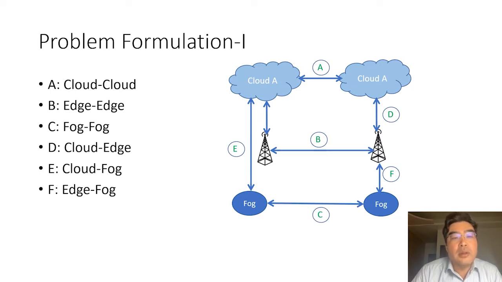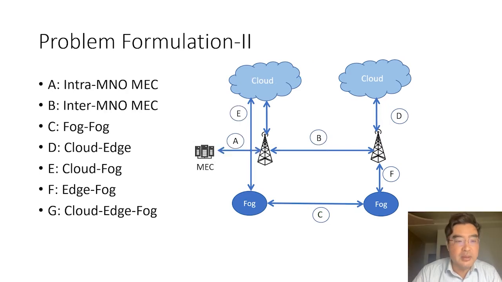So instead of working on this problem, we replace it with the MEC. We remove this and deal with this, which is between 2 MECs within the same provider, the same edge service provider.